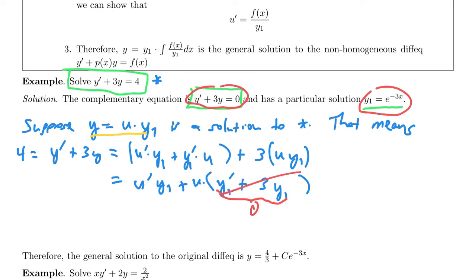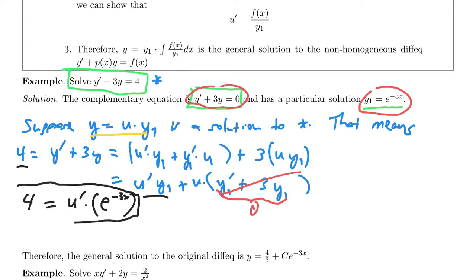So this part's gone. And so what I'm left with is just the 4 that's on the left-hand side, and u prime times y1 on the right-hand side. But remember, I know what y1 is. y1 is e to the minus 3x.